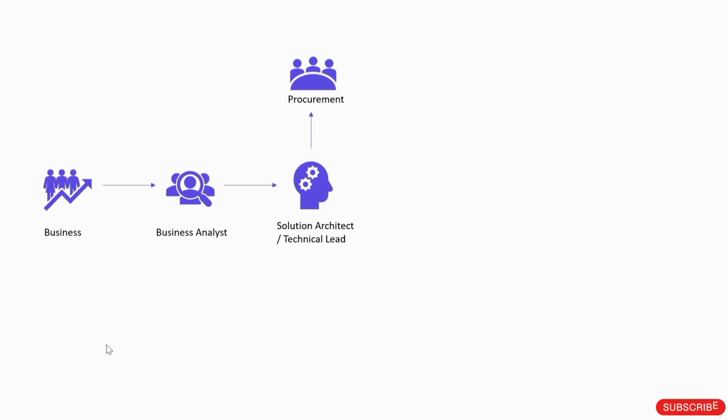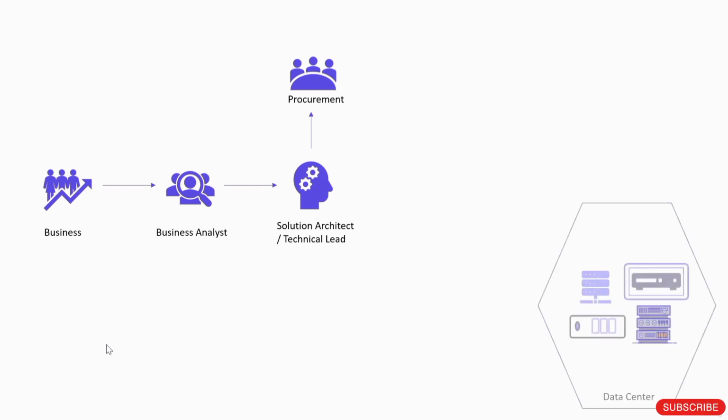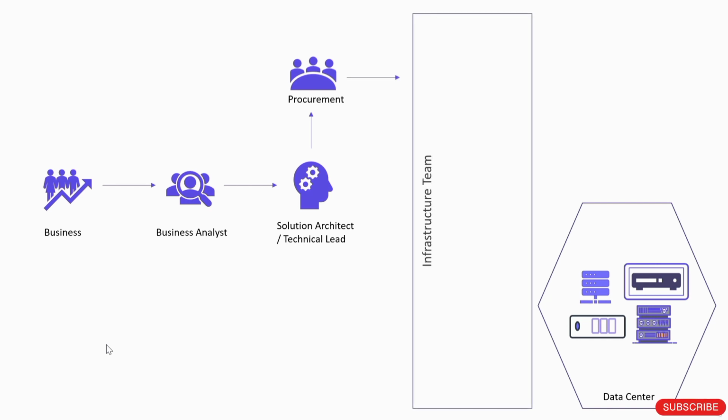At the same time, if additional hardware is needed, it would have to be requested through the procurement team. This team will be putting in new hardware requests with the vendors. It can then take anywhere between a few days to weeks or even months for the hardware to be purchased and delivered to the data center.